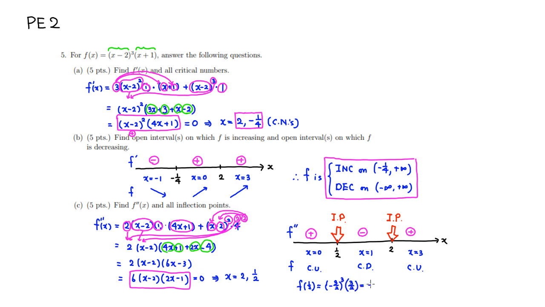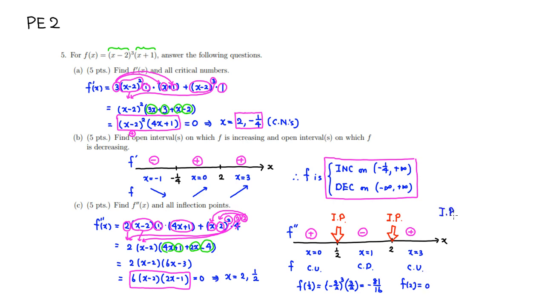So this is going to be negative 3 to the 4th power, which is 81, and 2 to the 4th power is 16. And when x equals 2, f of 2 is equal to, plug in 2, it's going to be 0.